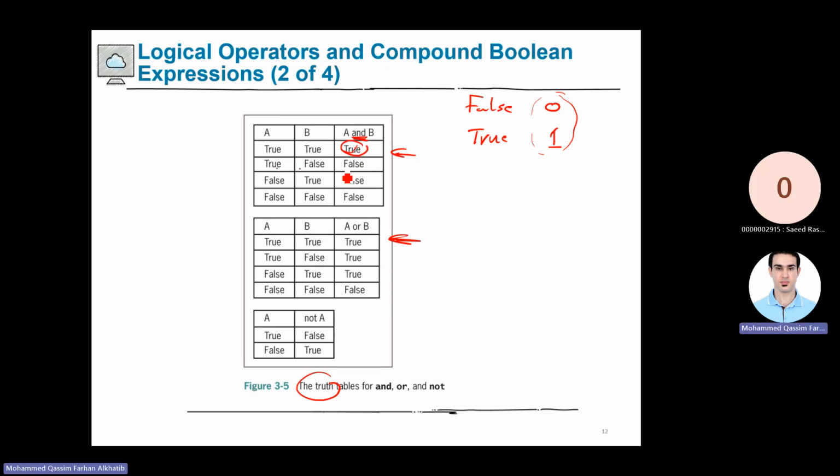True and false, false. False and true, false. False and false, false. Anything related with the false is going to be false in the AND operation. In the OR, now who has the upper hand here is the true. Anything ORed with true is true. So true or true is true. True or false, true. False or true, true. False or false, false.